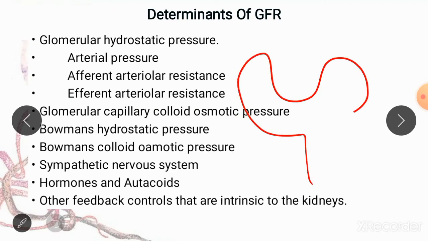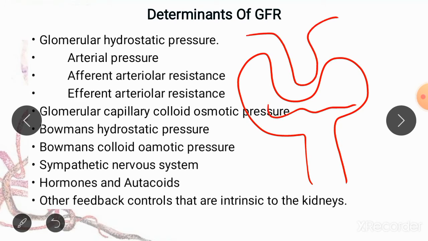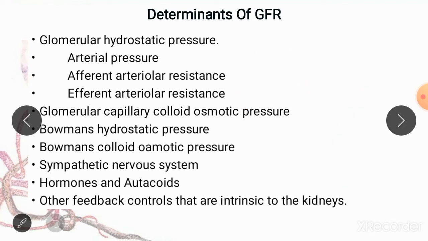of the fluid which is present in the Bowman's capsule, and it is of around a value of 18 millimeters of mercury in a normal healthy nephron, but this pressure may be raised in obstructions of the urinary pathway, and raised hydrostatic pressure will oppose the GFR.